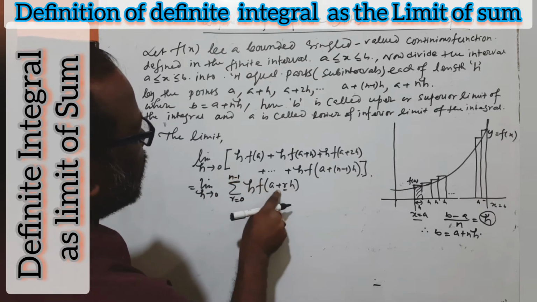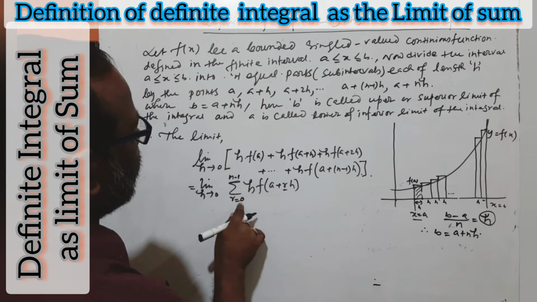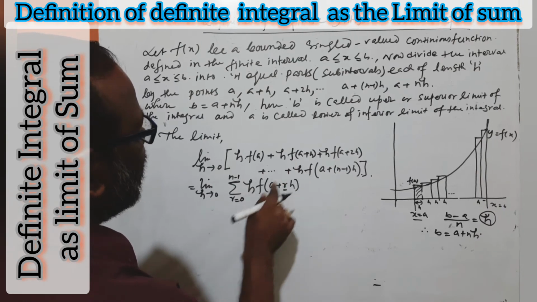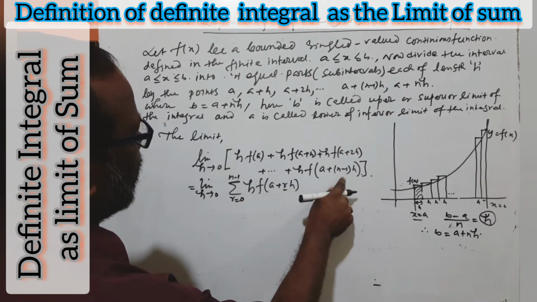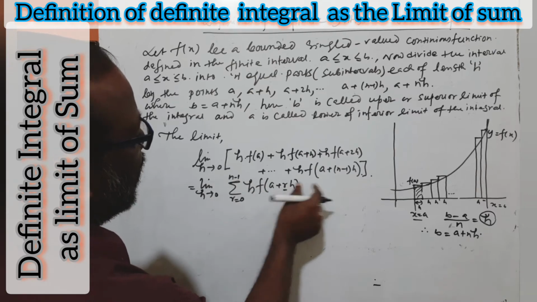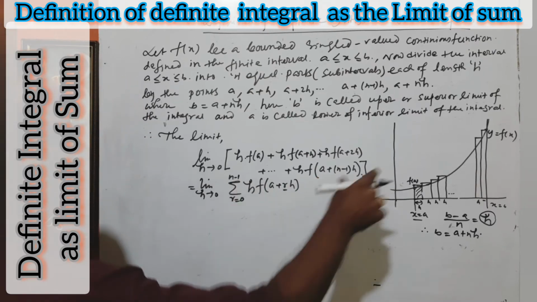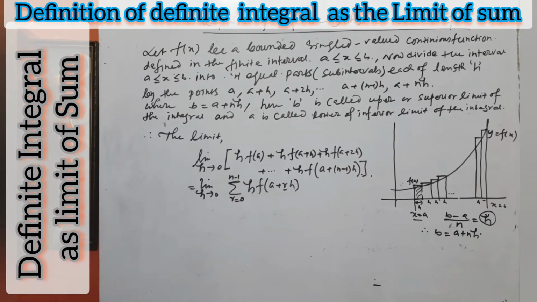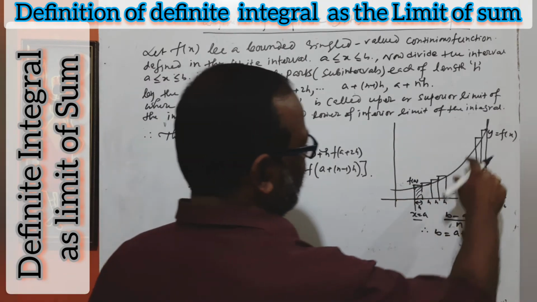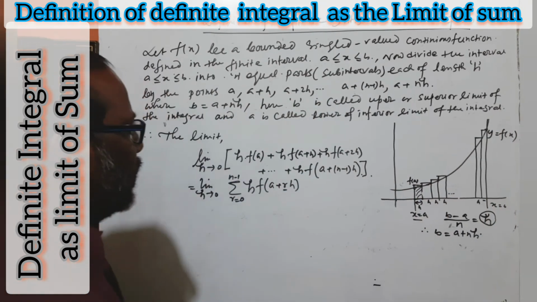If we put 0, then we get this. If we put 1, then we get this. If we go up to n minus 1, then we get this. So this is the area of this region.